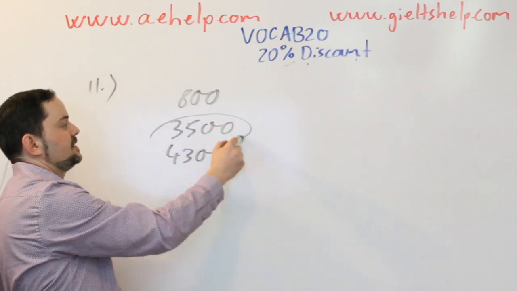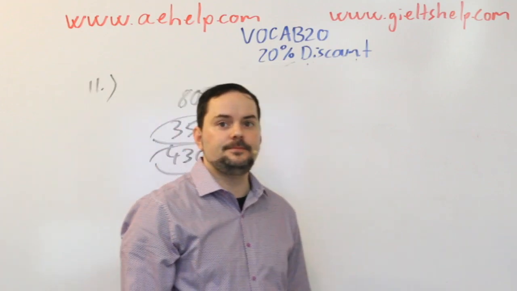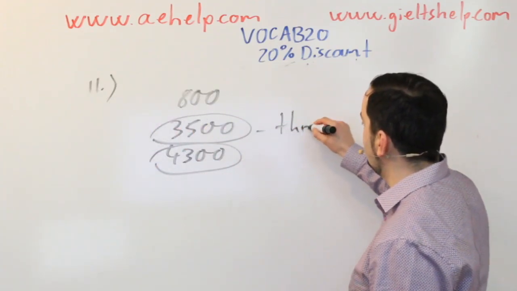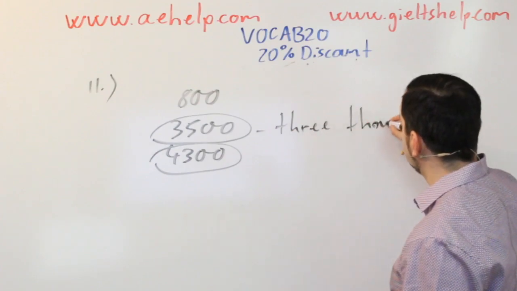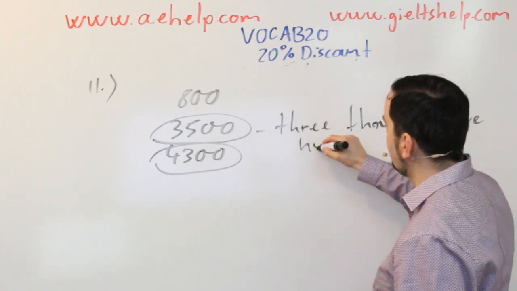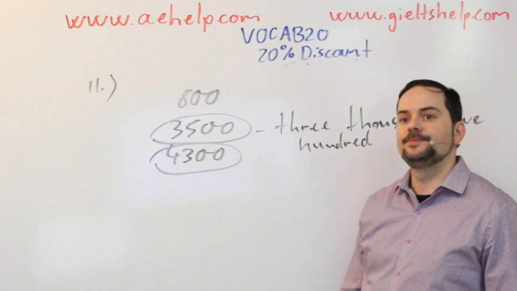What's another way to say 3,500 or 4,300? So what's a different way to say this? What's another way to say that in English?